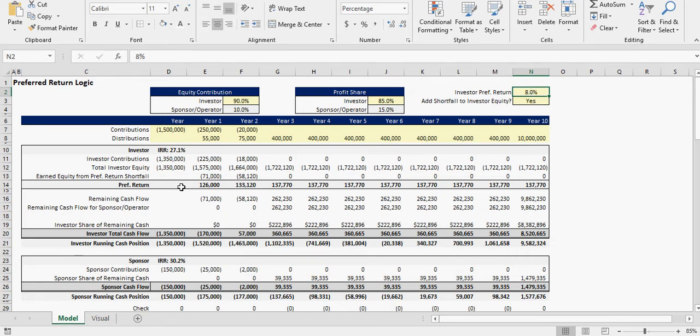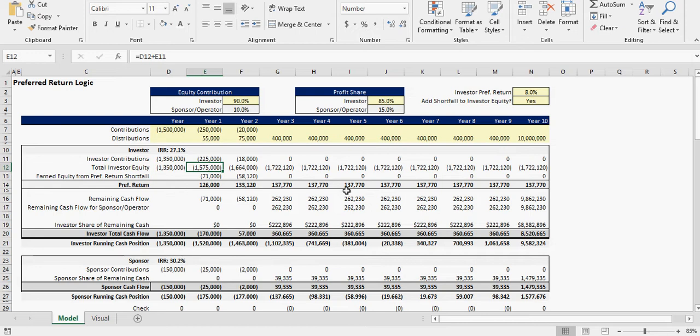So if you have $1 million in equity invested, you're going to get 8%, 80,000 back each year going forward as your preferred return. You're not changing the equity balance to measure the time value of money. This is just looking at straight up nominal preferred return.